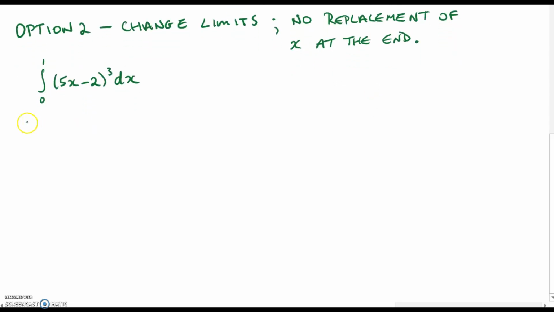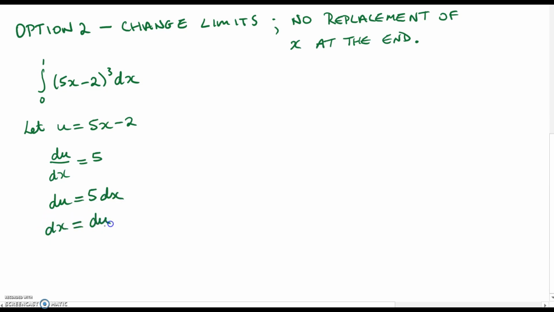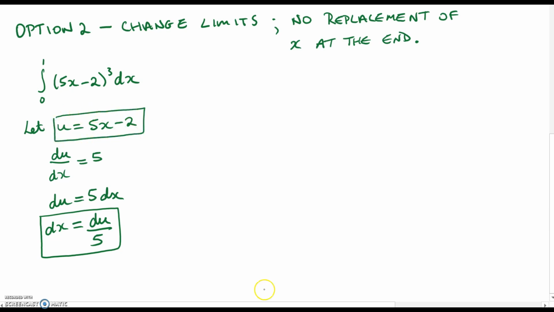We will let u be 5x minus 2, so it starts off precisely the same way the last one did. du dx is going to be 5, and du is equal to 5 dx. So dx is equal to du over 5. Okay, so that's one of our keys, and that's the other key. Now, what's new this time is we're going to change the limits.